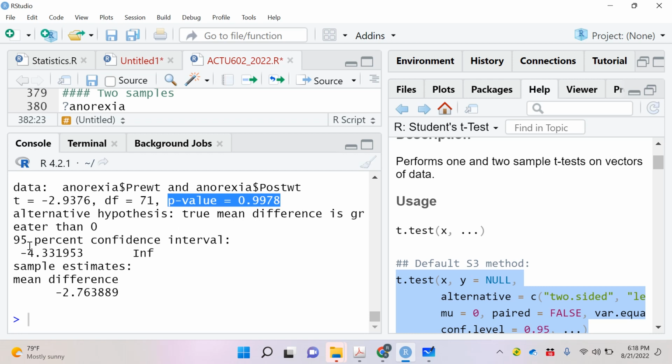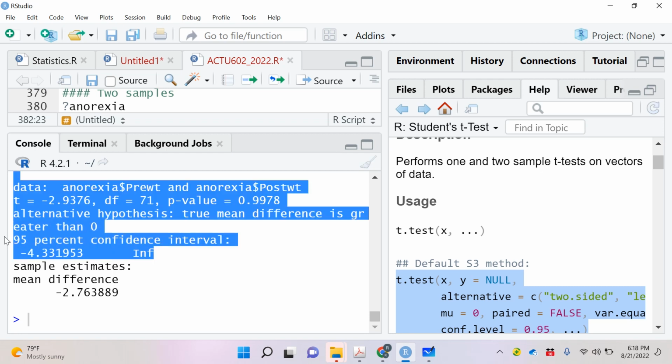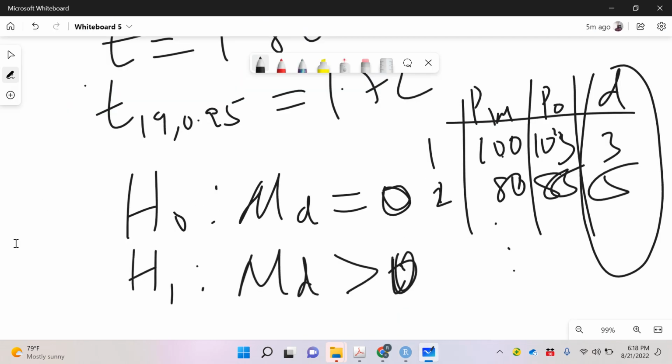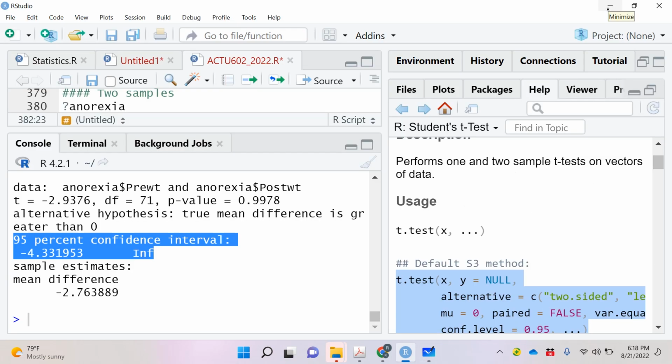Okay. Now let's look at this. So that's the p-value. What about this one, the 95% confidence interval? We are testing our mu d to have what value? H naught is at 0, right? So what we need to do is check whether our confidence interval includes this value, 0. What is the confidence interval?